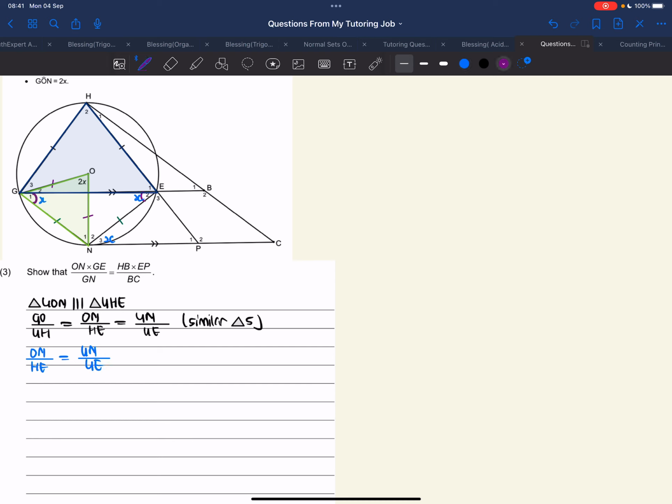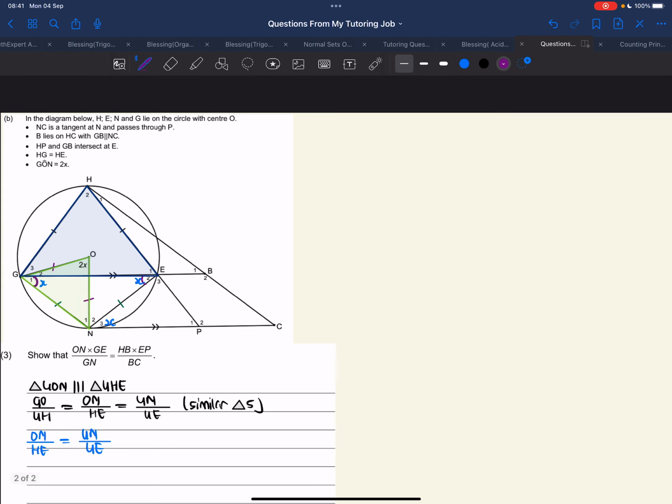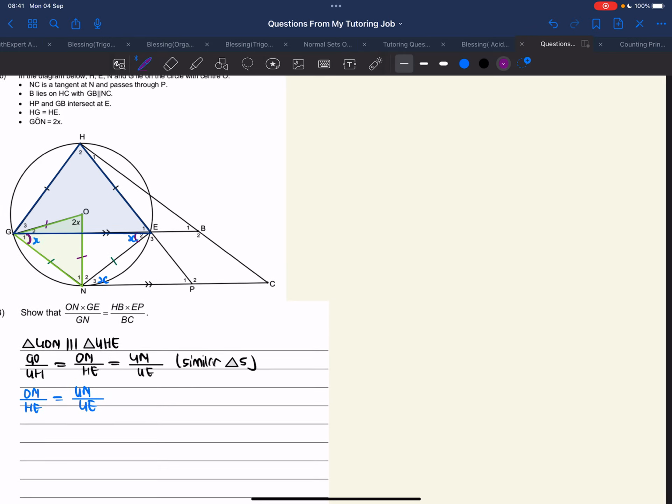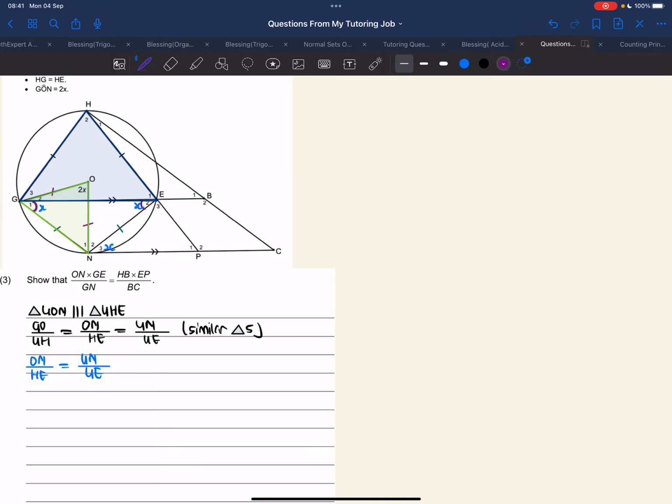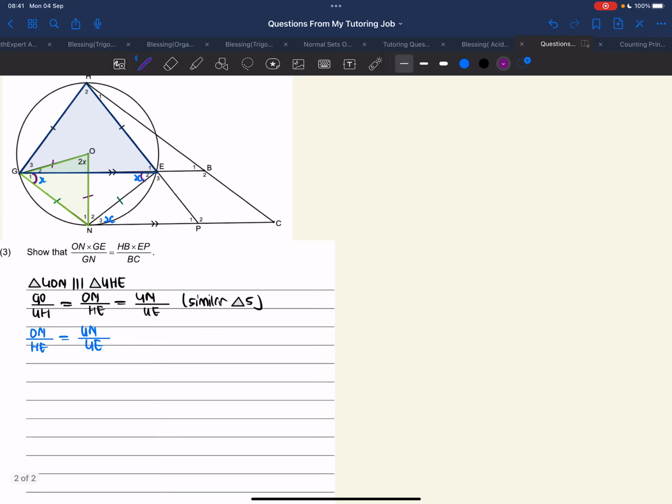Now another thing I need you to look out for. Can you see that we were given that line GB is parallel to line NC? If those lines are parallel to each other, we can use the proportionality theorem.